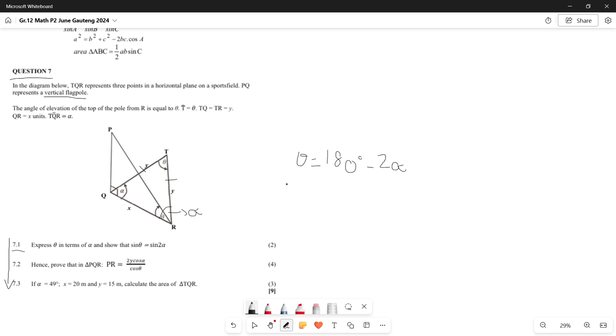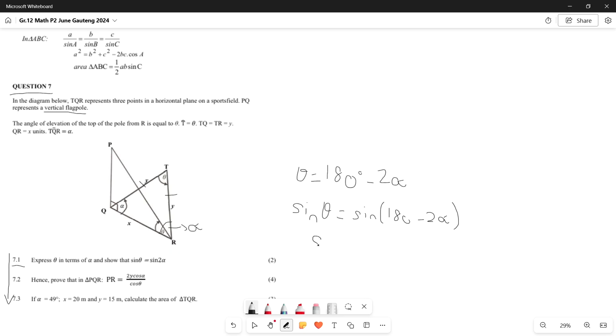This one's a bit different because what we have to do now is just introduce sine to both sides. So we have sine theta equals sine of 180 degrees minus 2 alpha, which means it can place us in our sine quadrant or our all quadrant, but either way it is positive.